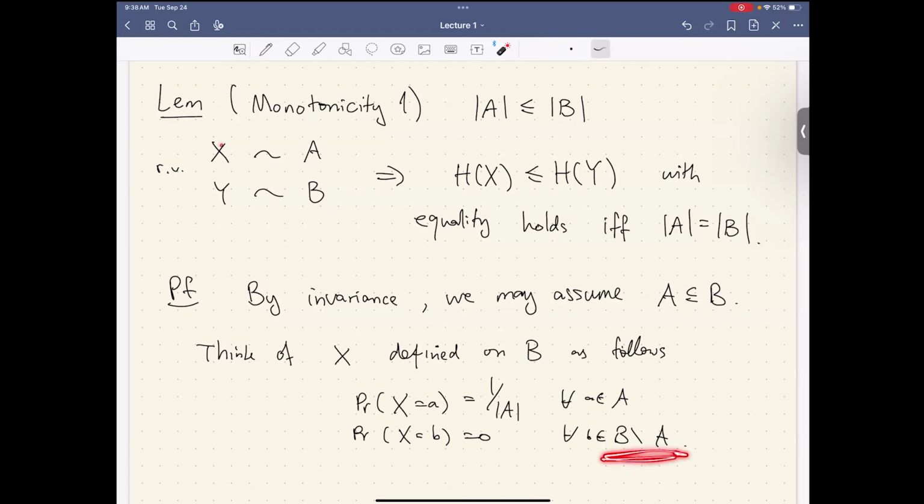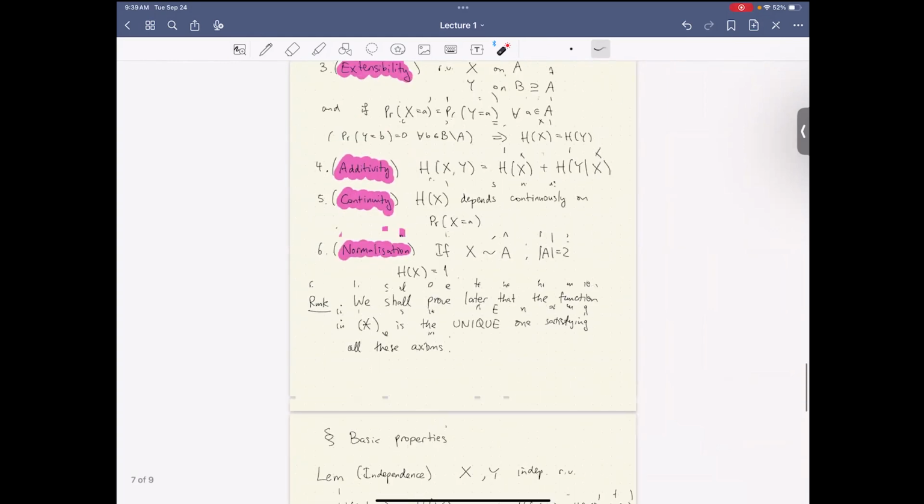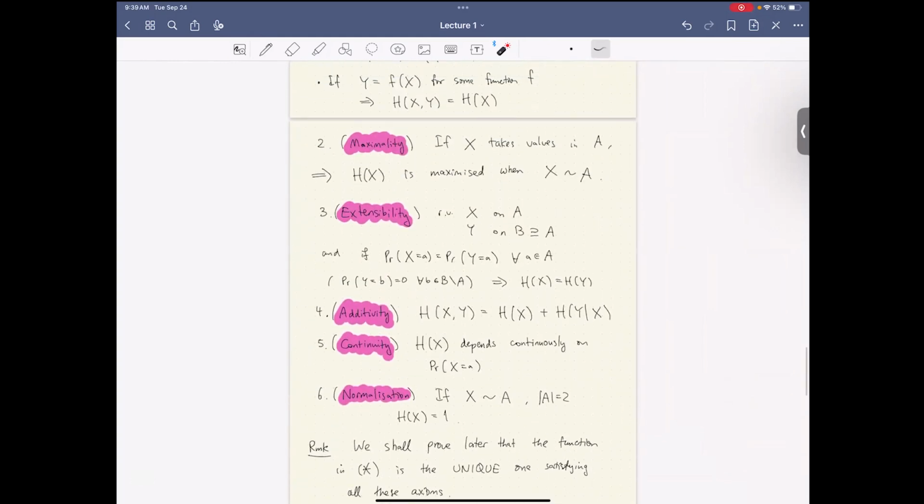So now we have two random variables. They are defined over the same set B. But what do we know by maximality? If you have two random variables defined over the same set, the one that's uniformly distributed over that set has larger entropy. That's maximality. Let's recall maximality: if we have a random variable taking values over a set, entropy is maximized when it's uniformly distributed.